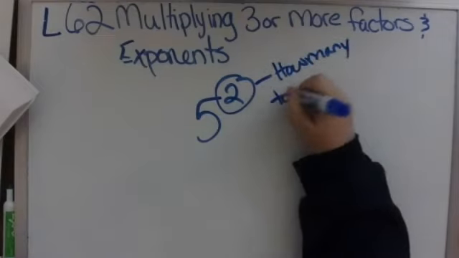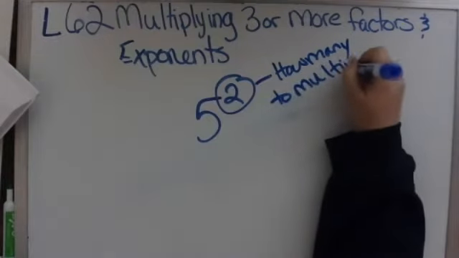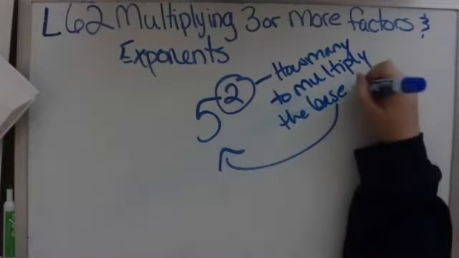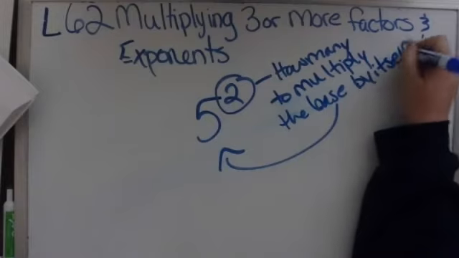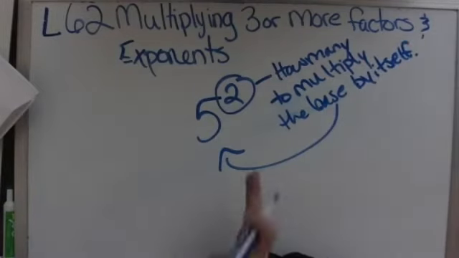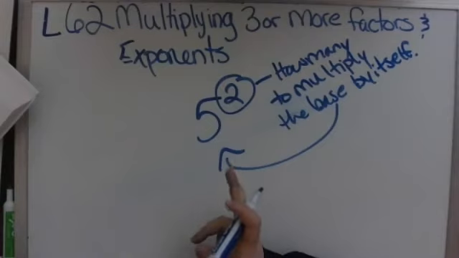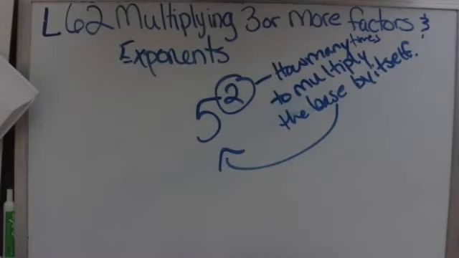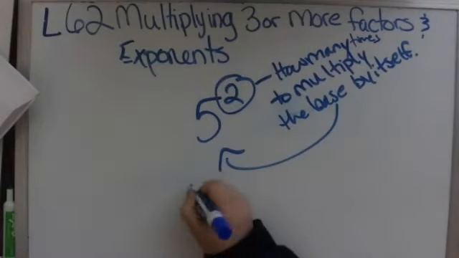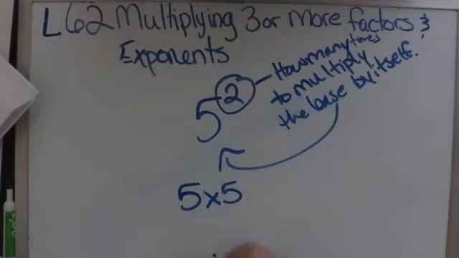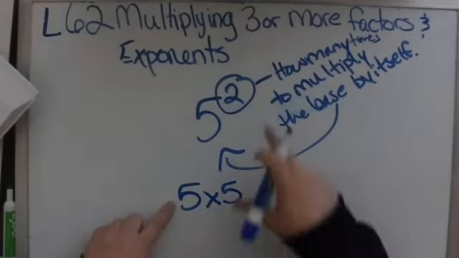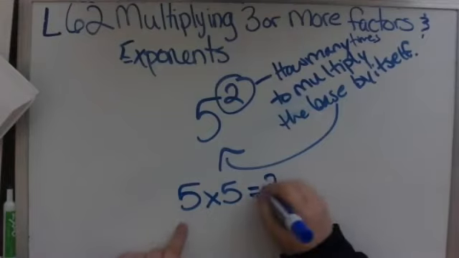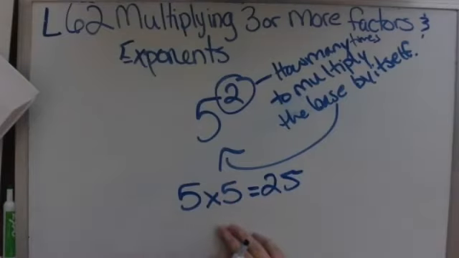The exponent tells us how many times to multiply the base by itself. So in this case, it is 2. So we would do 5 times 5. See, there's my base. My base is 5. My exponent says 2. I have 2 5s, and I am multiplying. 5 times 5 equals 25. That is what the exponent tells me to do.